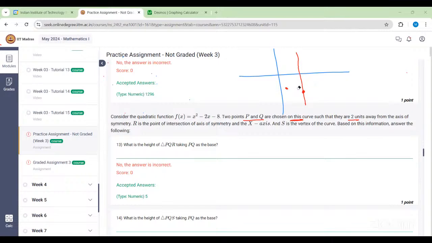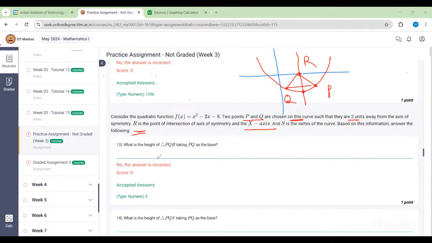So you can find such points, P and Q, which are 2 units away from the axis of symmetry. And after finding those points, what is point R? The point R is the intersection of the axis of symmetry with the x-axis. That means this is our point R. So here we can form a triangle.